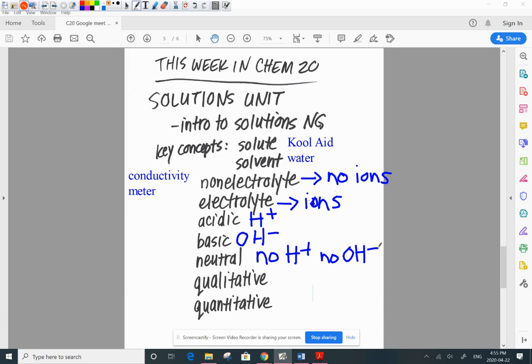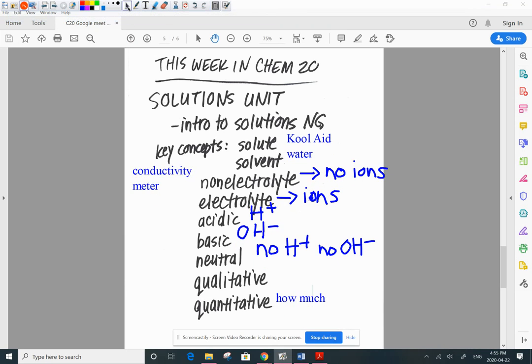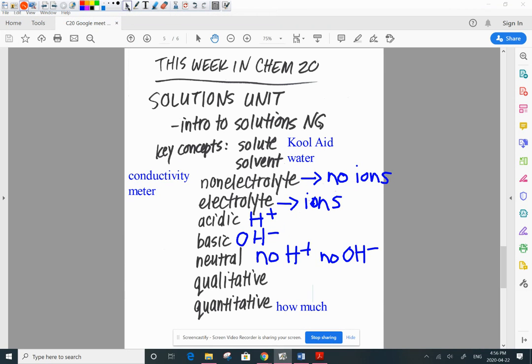All right, so we know the reasons for this, and we can test solutions for this. We can test solutions qualitatively, meaning that they have some sort of characteristic. Quantitative is a measurement of how much there is of something. Maybe I take the mass and weigh it out: oh, it's 5.00 grams.